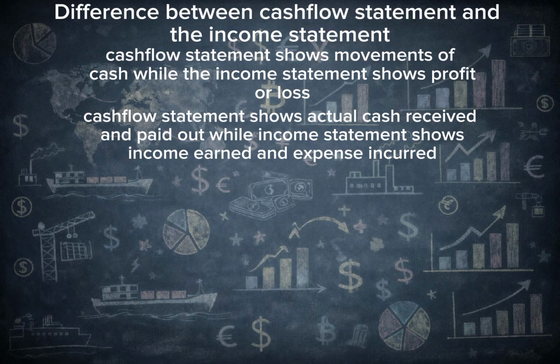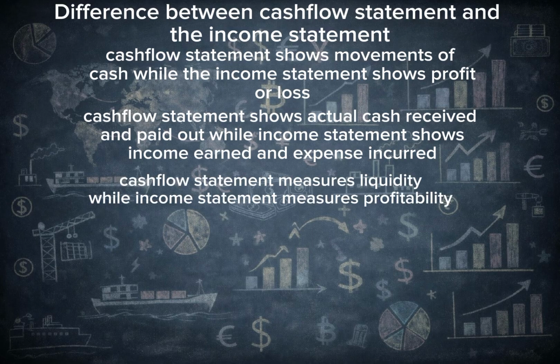This means that the cash flow statement measures the liquidity of the business, that is the ability of the business to generate cash, while the income statement, on the other hand, measures profitability, that is the ability of the business to earn profits.